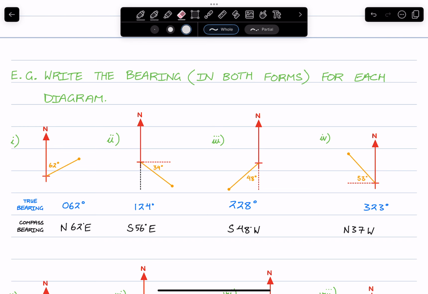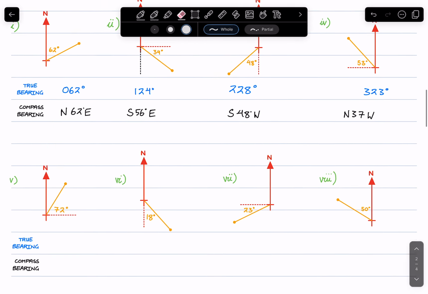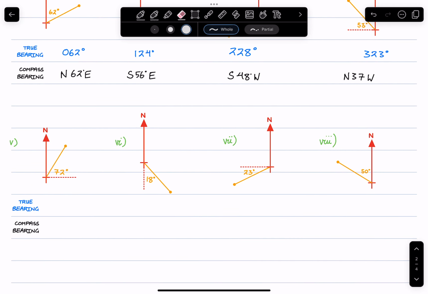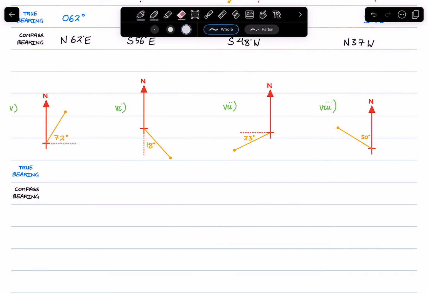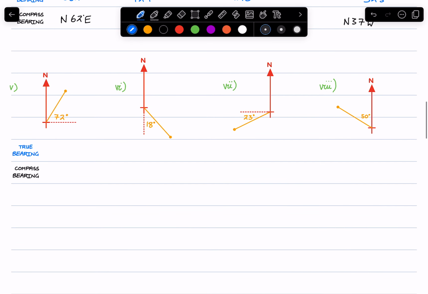Now at this point, this is essentially the main concept of true bearing and compass bearing. I'm just going to be doing the remaining 4 examples here. You can fast forward or you can stop the video at this point. But here we go. Let's do all the true bearings first for this one.